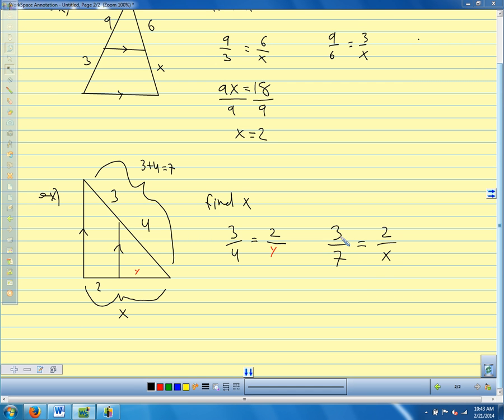So starting with what Hunter was wanting to do, 2 over x, we know 2 and we know that whole side, so we've used 3 and the other whole side. So I can do it either of these ways. So if I do it this way, I get 3x equals 14, divide by 3, and x is 14 thirds, about 4.66 repeating.